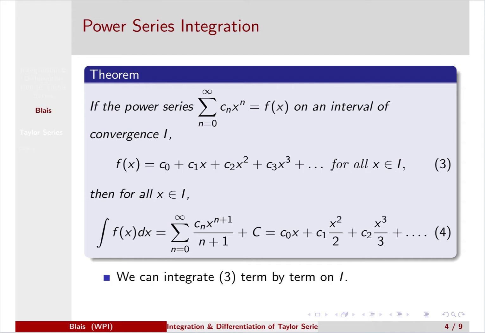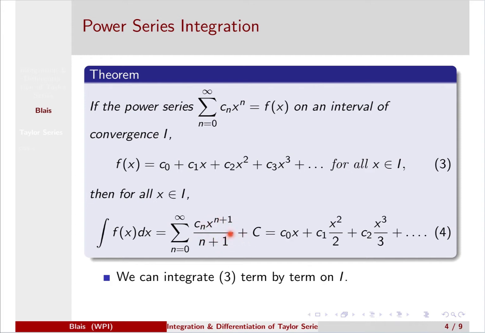Going the other way, we can do an antiderivative or an integral. So we have the same setup. Power series equals this function on the interval of convergence I. And if we want to take the integral or the antiderivative of both sides here, we can take the integral or the antiderivative term by term in that power series.